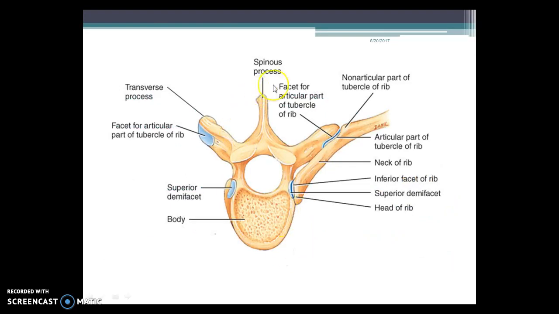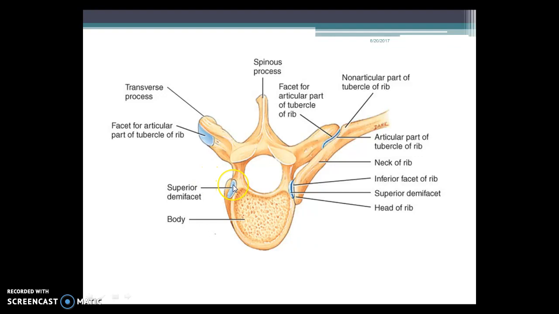Okay, so here are the landmarks of a thoracic vertebra. You have your vertebral body. These are demifacets, which means that those ribs articulate with two vertebral bodies at the same time.